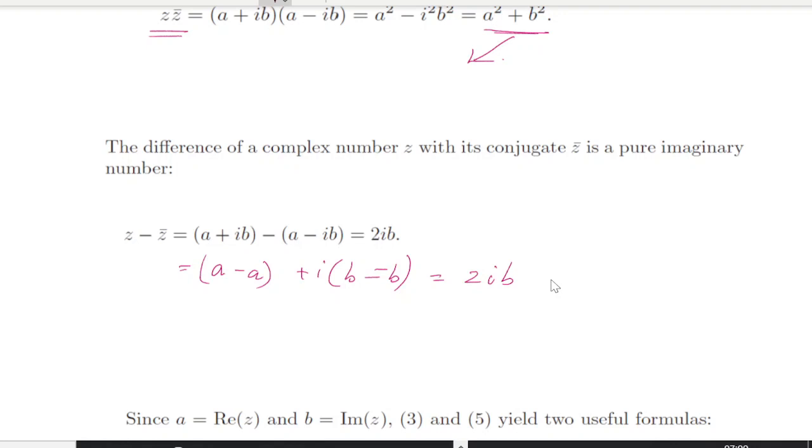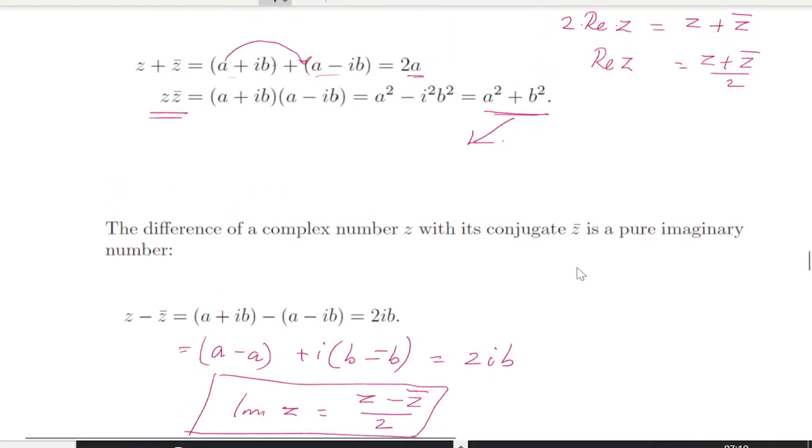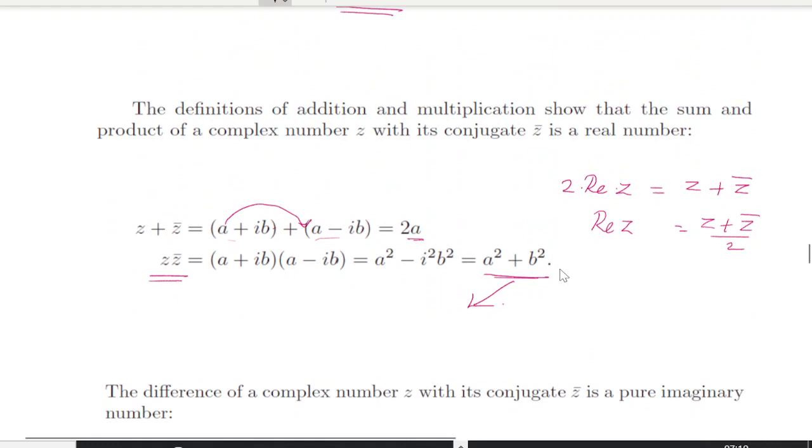So when you want to find the imaginary part of some complex number z, it is nothing but z minus z bar by 2i. So these are the formulas we are using for finding the real part and imaginary part of complex numbers. And this is the result that we are using for dividing two numbers.